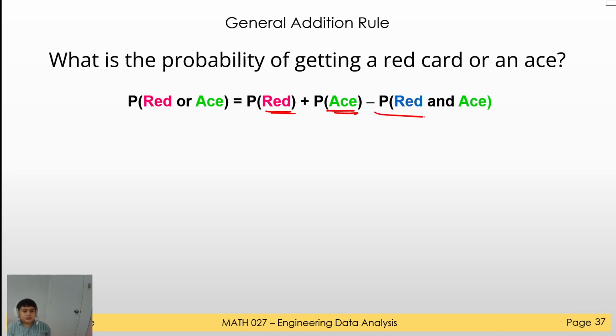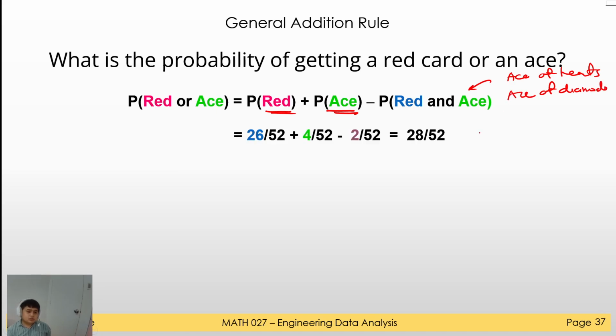And then minus their intersection, meaning when do they intersect with each other? What are their similarities? There are two cards that are red and ace, which are the ace of hearts and the ace of diamonds. Okay, so we have 2 here. So therefore, this will be calculated as 28 over 52.